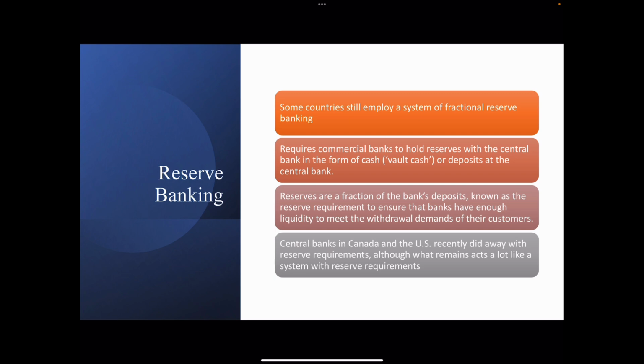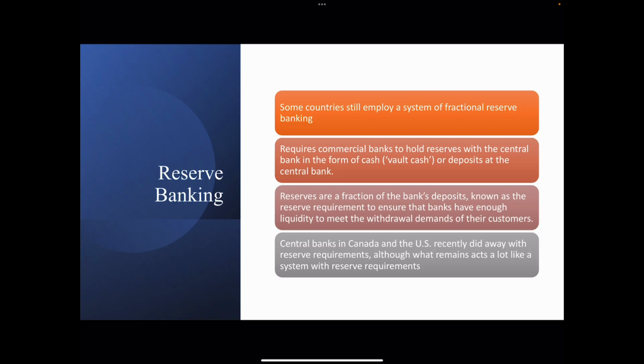Now we talk about reserve banking as well. We mentioned that as one of the tools that the bank would set reserve rates. Some countries still employ a system of fractional reserve banking, which means that the commercial bank has to hold reserves with the central bank in the form of cash, known as vault cash, or deposits at the central bank.